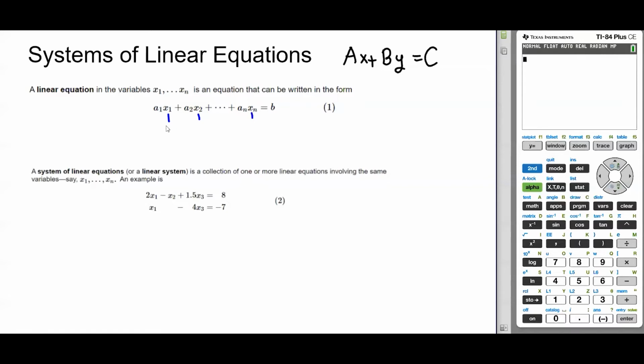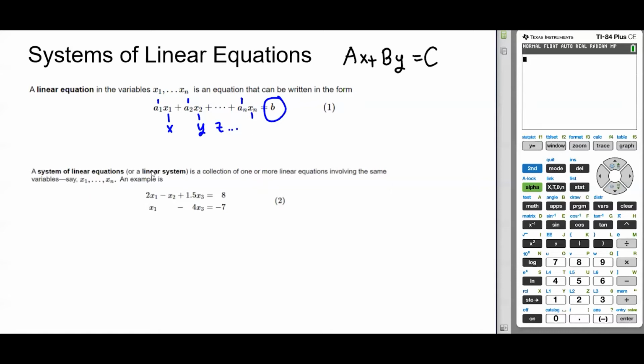So this x1 is taking the place of x, this x2 is taking the place of y, and you can have a z and so forth, but you could have 100 of these and you'd run out of the alphabet. And the same goes with the coefficients. So instead of a, b, and c, we're going to use a1, a2, a3 up to a sub n. And then this constant on the right side, we're going to call it b.